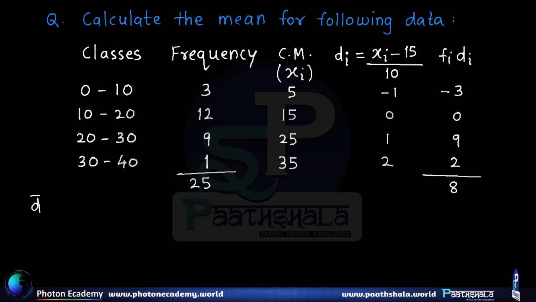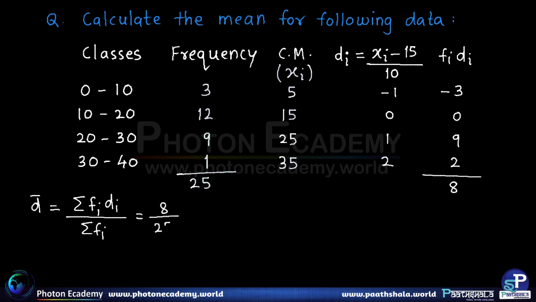Now d bar is nothing but summation of fi di divided by summation of fi, so that stands for 8 upon 25. Let's keep it. Finally we have the formula of x bar as a plus h d bar.